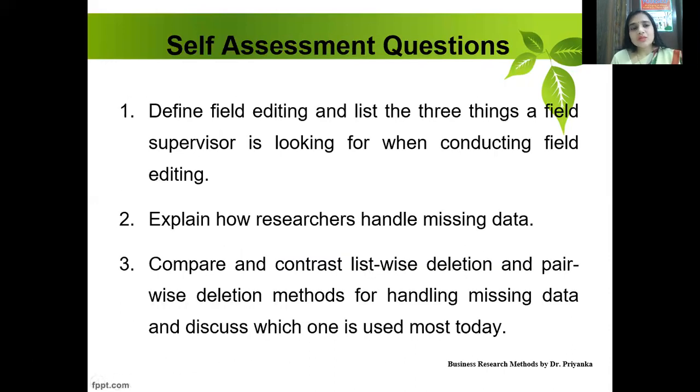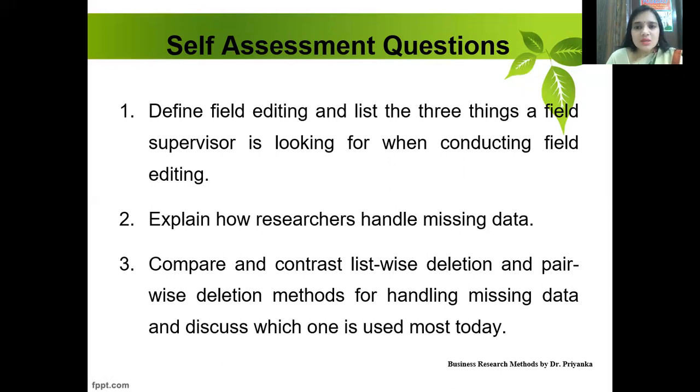Some self-assessment questions. Number one, define field editing and list the three things a field supervisor is looking for when conducting field editing. Field editing is basically preliminary editing by a field supervisor on the same day as the interview to catch technical omissions, check legibility of handwriting, and clarify the responses that are logically or conceptually inconsistent.